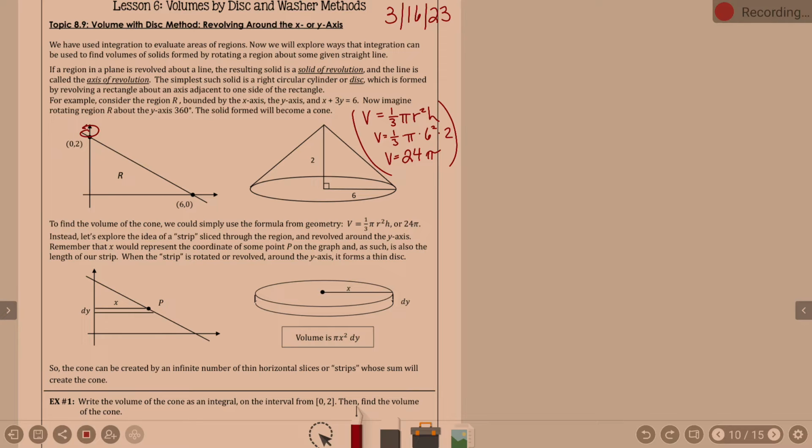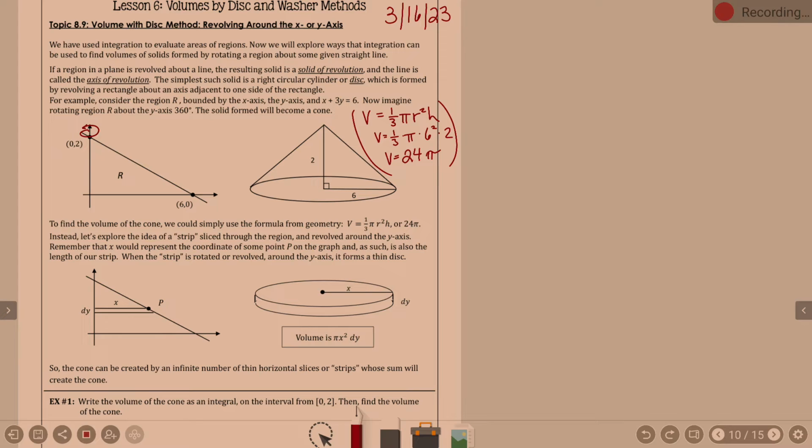Now, instead, let's explore the idea of a strip sliced through the region revolved around the y-axis. Remember that x would represent the coordinate of some point P on the graph, and as such is also the length of our strip. When the strip is rotated or revolved around the y-axis, it forms a thin disk. So, with our cross-sections, I would either draw a vertical or horizontal cross-section, right?